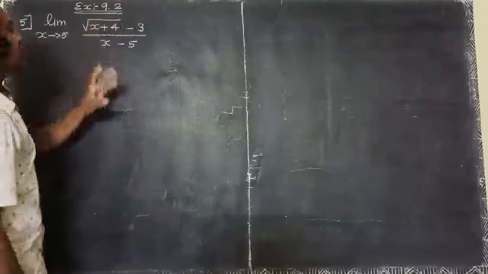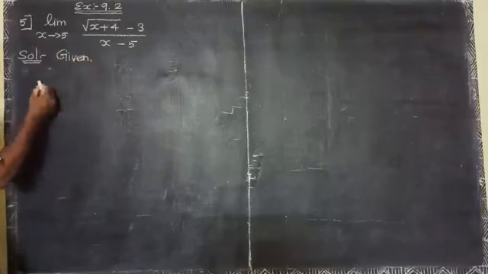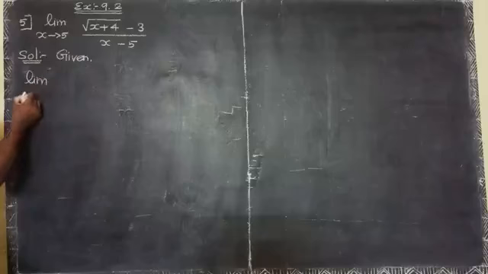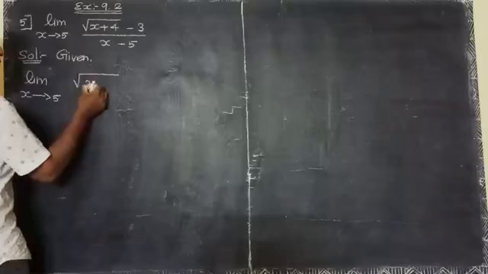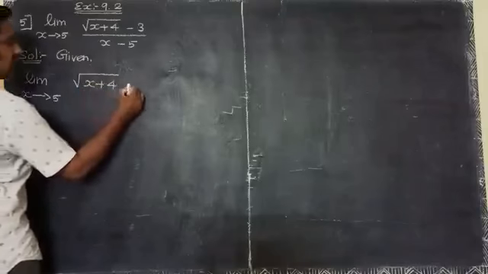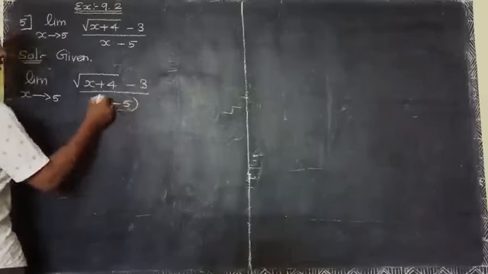Solution. Given limit x approaches 5, the function square root of x plus 4 minus 3 divided by x minus 5.